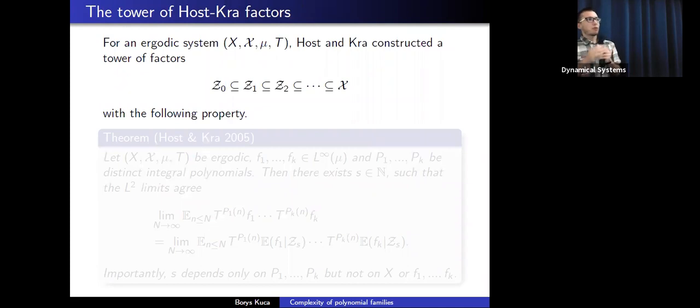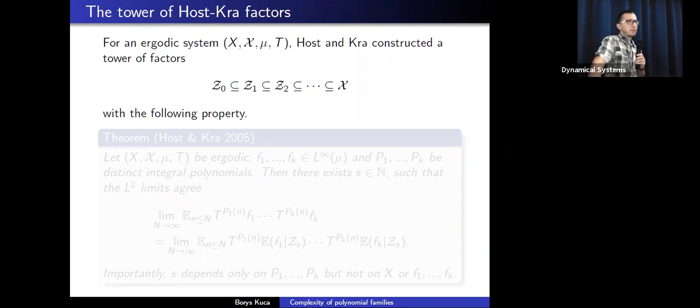So right now, I would like to talk a bit more about what these factors are. In their seminal work from 2005, Host-Kra constructed a tower of factors for each ergodic system. I'll denote these factors as Z0, Z1, Z2, etc. And henceforth, I will call them Host-Kra factors.